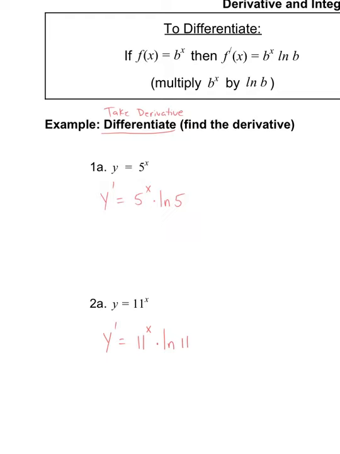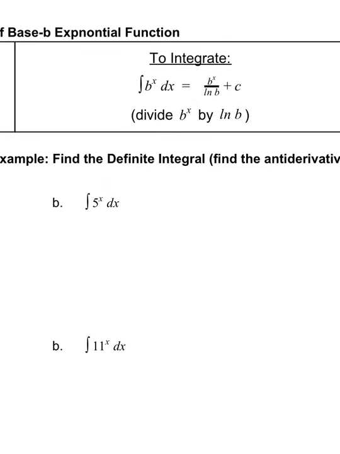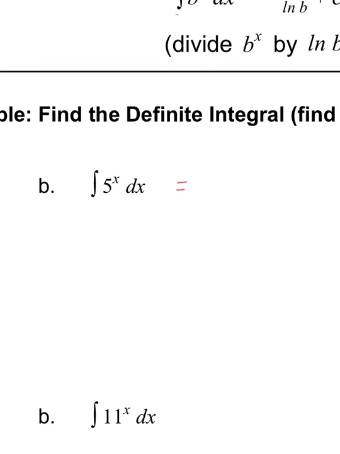All right, so to take the antiderivative of an exponential function of b to the x, and that's right here, you rewrite the function and you divide it by the natural log of the base. You're just doing the opposite. So to take the antiderivative of 5 to the x dx, you rewrite the function and you divide it by the natural log of the base plus c.